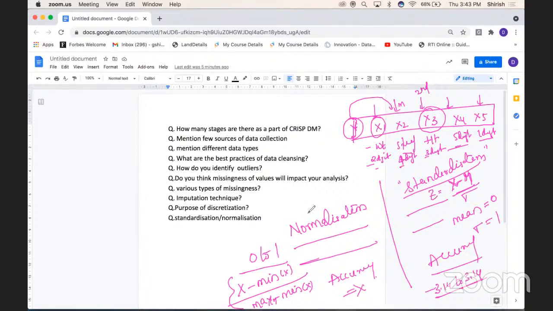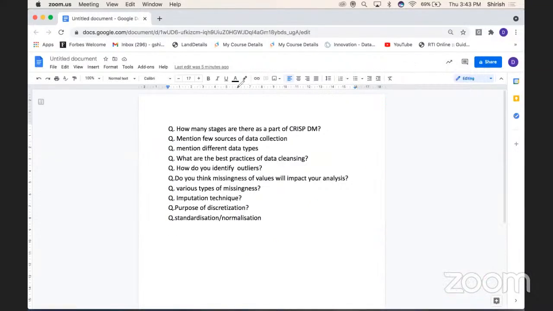There is no hard and fast rule for selecting any of the methods. You can go with this or this. The choice is yours. Or you can try both, and take the one you would like to choose. So these are a few things which you do as a part of your cleansing, even before we enter into the descriptive statistics.